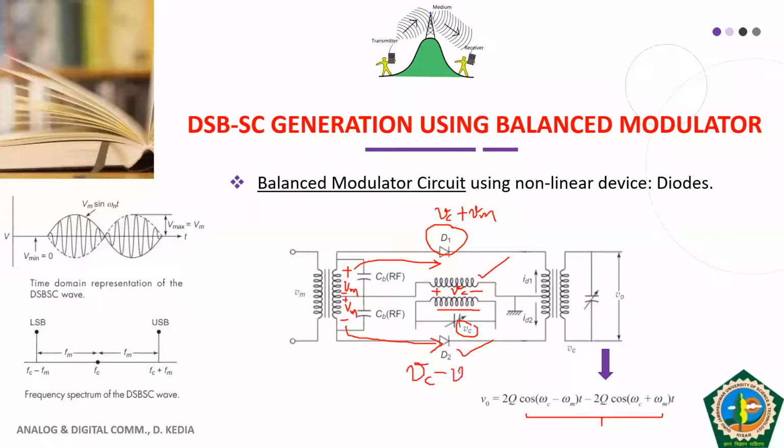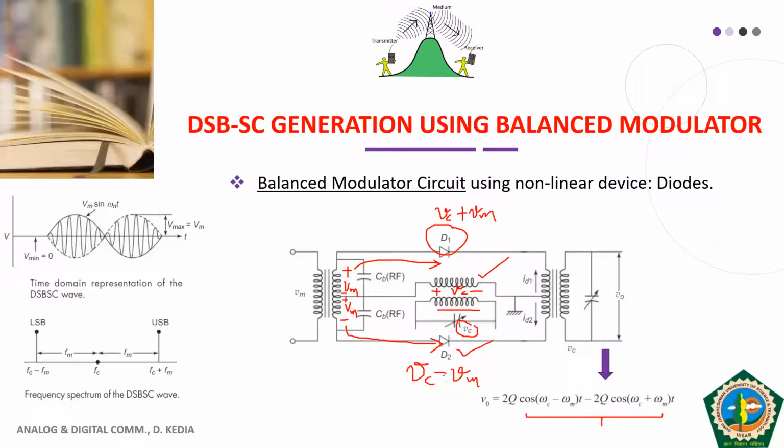So we have VC minus VM. Through D1, VC plus VM is applied; at D2, VC minus VM is applied. Is that point clear? This is how the balanced modulator circuit works.